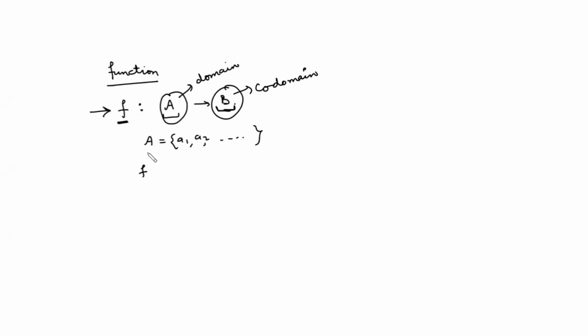When you apply the mapping, f of A1 is an element of B, and this is said to be the image of A1, which lies in B. And if we collect all the images of the domain set, then this collection is said to be the range set.